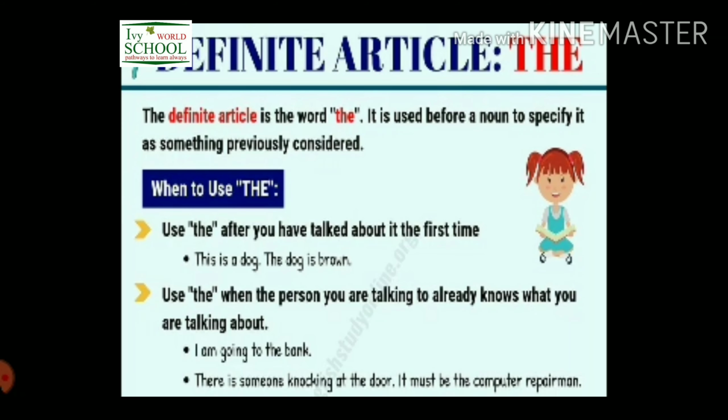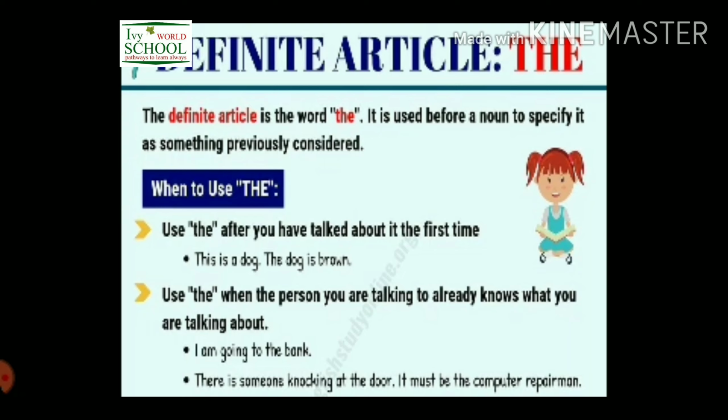Let's have a look at the next picture. It tells you about the use of the definite article again. This is a dog. Let's look at the example. Now we're going to talk about the dog the second time. Okay, this is a dog and the dog is brown.